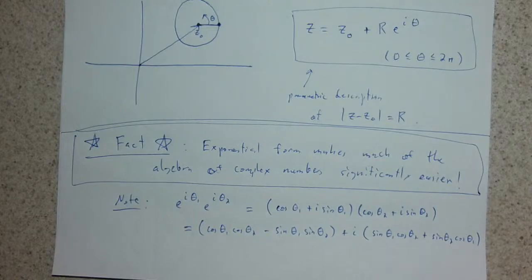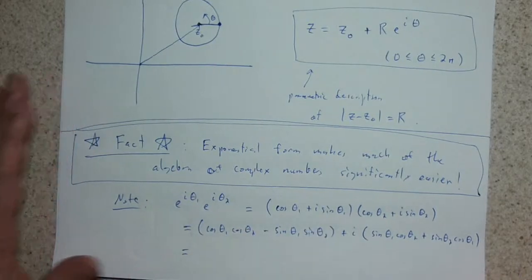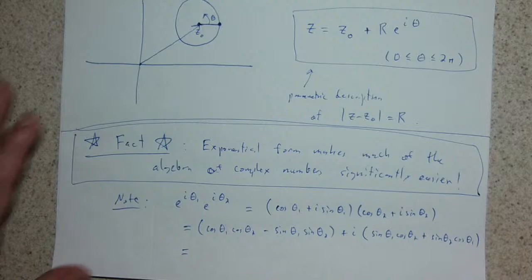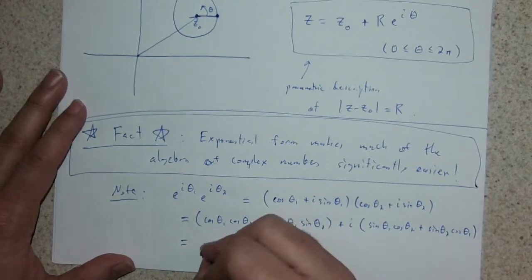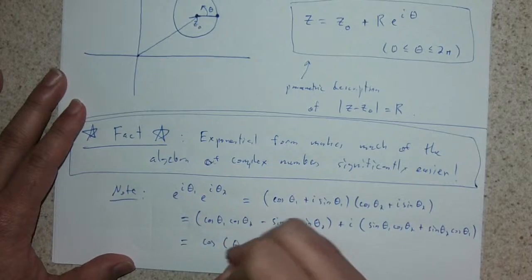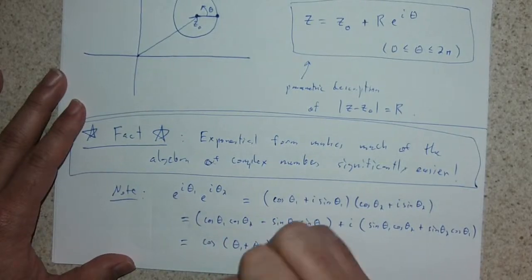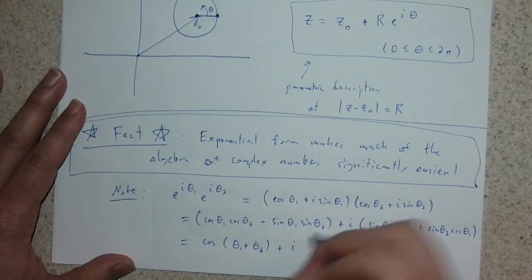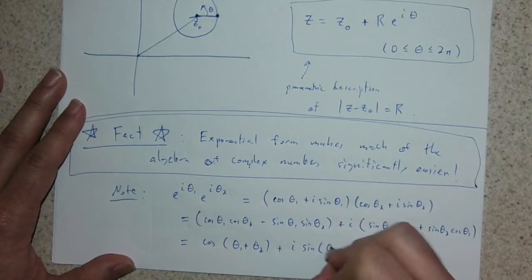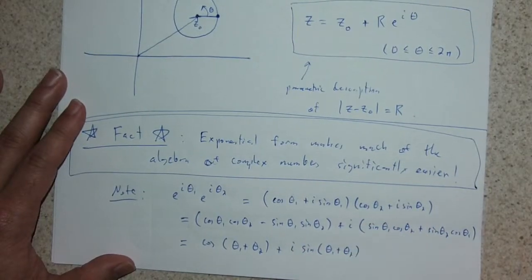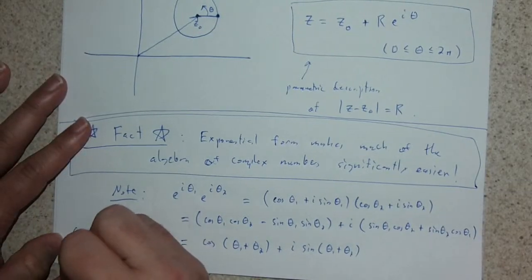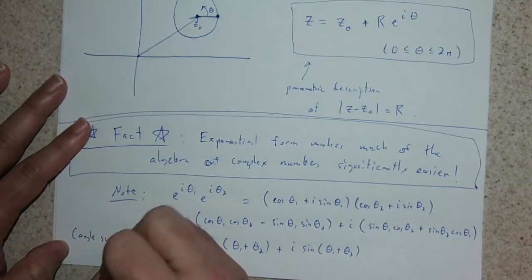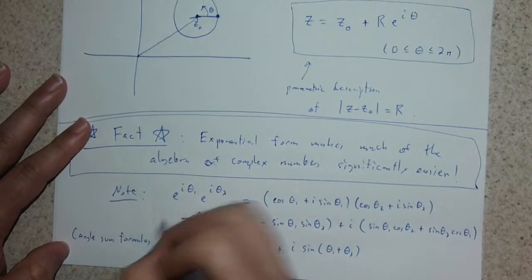You can type it in chat if you realize which trig identities we have sitting in front of us. This is the cosine angle sum. So this is cosine of theta sub 1 plus theta sub 2 plus I times sine of theta sub 1 plus theta sub 2. So these are angle sum formulas for sine and cosine.